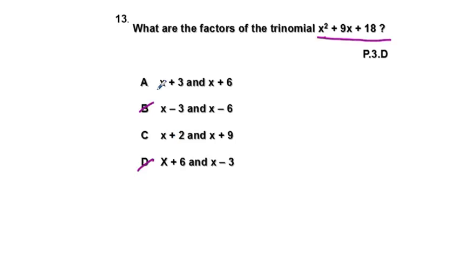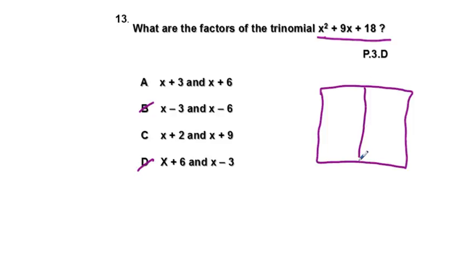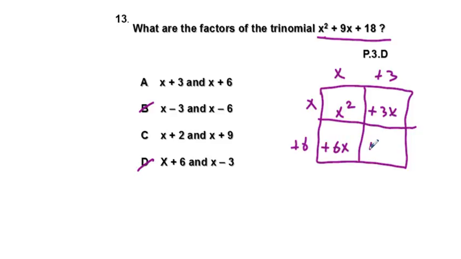It's going to be between C and A. Well, I think A is the correct answer because if you take these factors, x plus 3 and x plus 6, you get x squared plus 3x plus 6x plus 18, and 3x plus 6x add up to 9x. So that will be your correct answer, A.